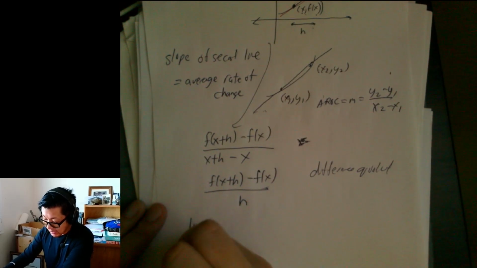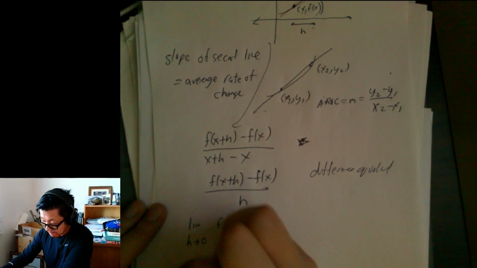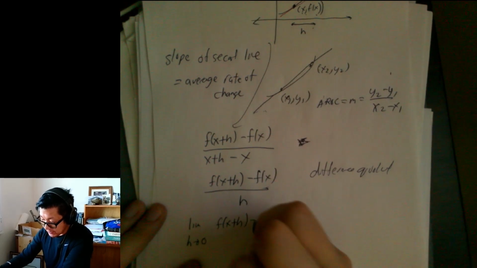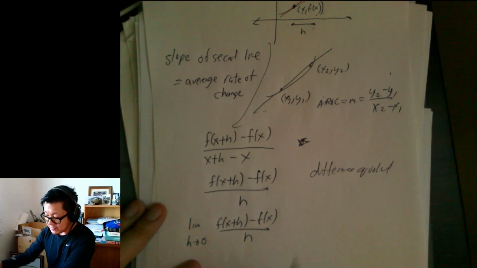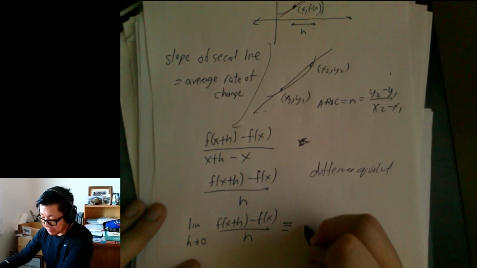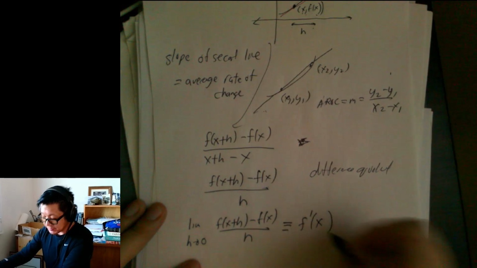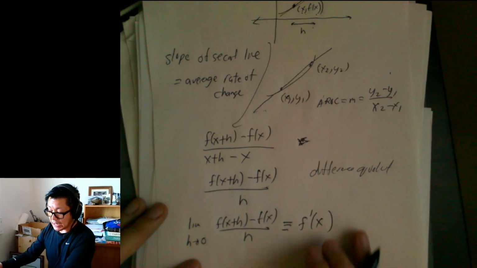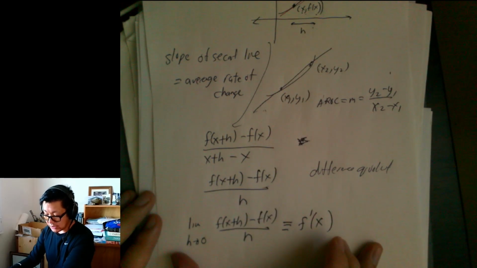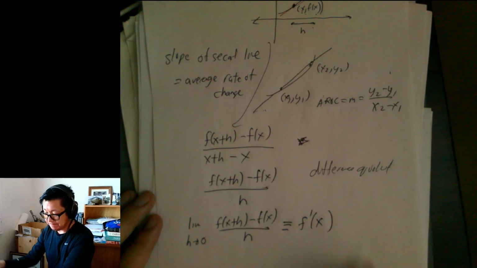In the limit, as h approaches 0, this will equal the slope of the tangent line, and this is our definition of the derivative, which we can represent this way. The triple equal sign indicates this is a definition. Now, this is not the only definition of the derivative, but we'll stick with this one for now.